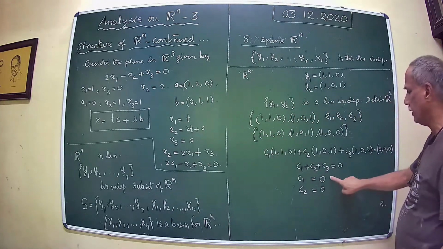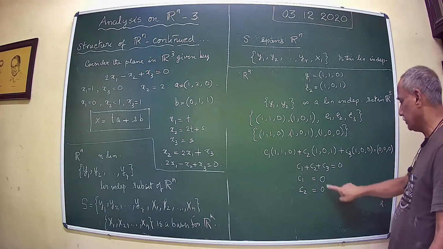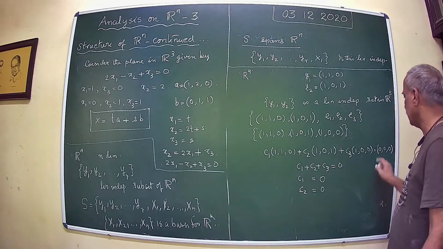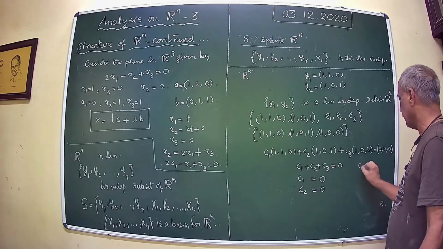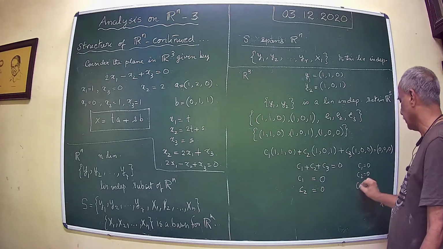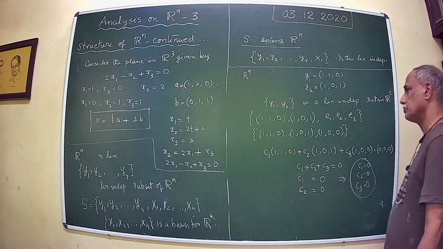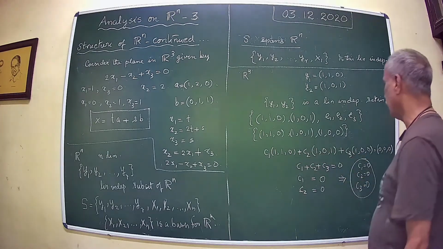Therefore, C1 equal to 0, C2 equal to 0, and therefore C3 equal to 0. Therefore, they are linearly independent.